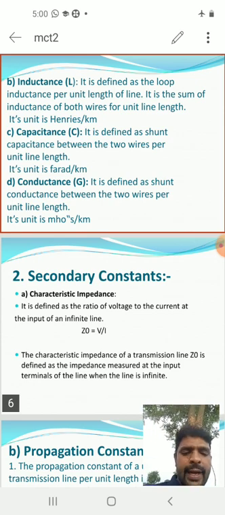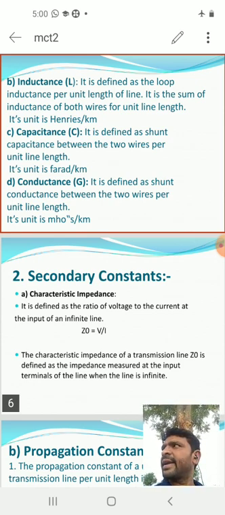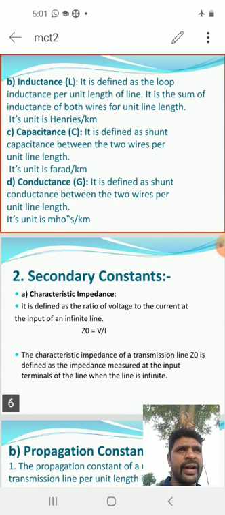Here, in a transmission line, resistance and inductance are in series, that means loop, and capacitance and conductance are in parallel, which we take as shunt. So R and L are in series, C and G are in parallel.